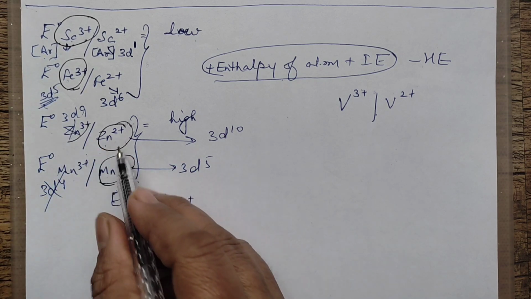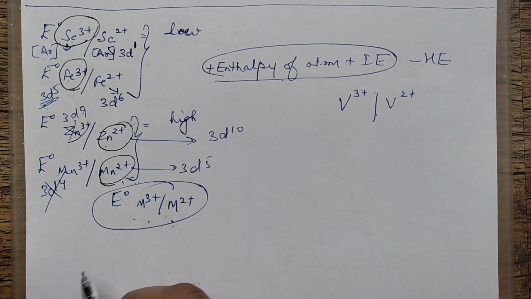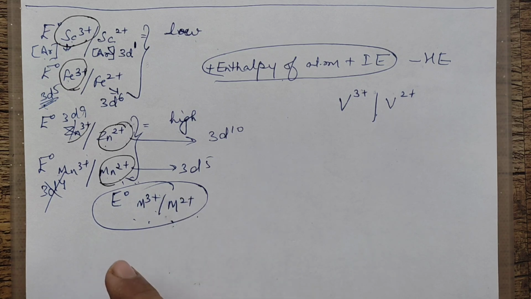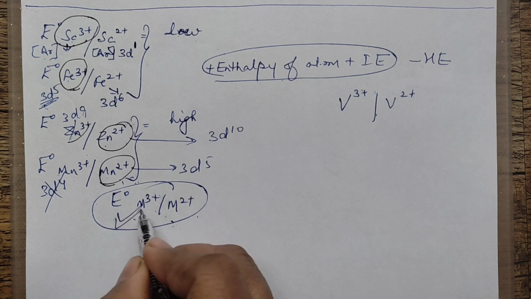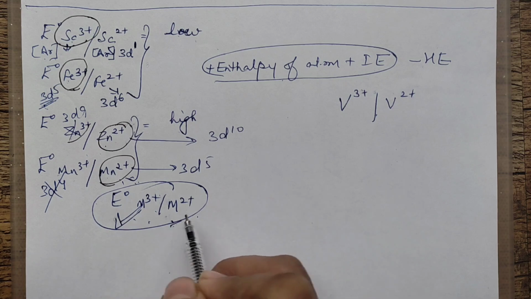So for Zn and Mn, the values are very high. Which values am I talking about? This value, E0 M3+/M2+. Whenever you find the value is low, it's reverse: for a low value, the higher oxidation state is more stable. For a higher value, the lower one is more stable.